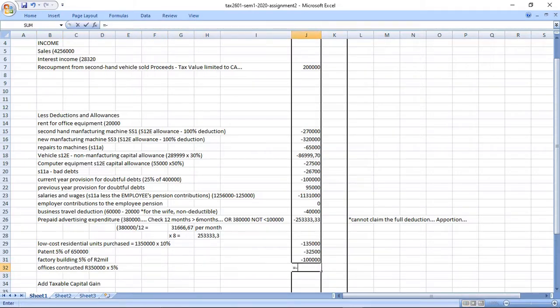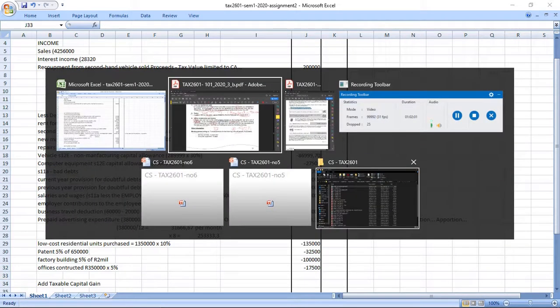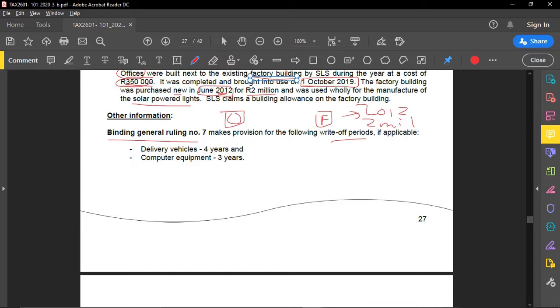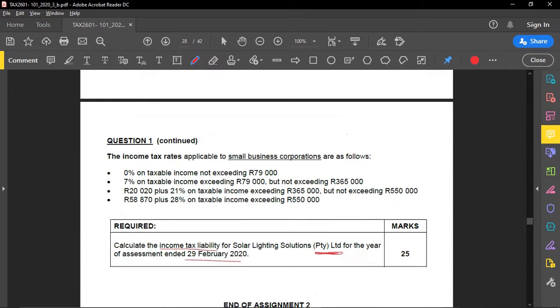Again, it's a negative in brackets, in other words, times 5%. 17,500. Great. Is there anything else? No, there isn't. Other information, we spoke about that. That would be a Section 11E wear and tear allowance. Wear and tear doesn't apply when you've already claimed capital allowances for those assets that you had purchased or used. So that wouldn't apply.